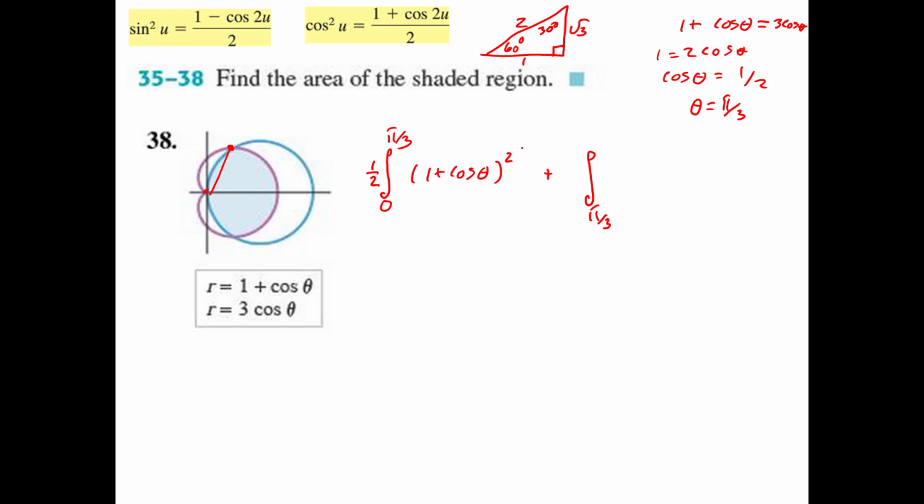And so to get back to the pole under the 3 cosine of theta, that is going to happen when the cosine of theta is 0, and so that happens at pi over 2. Don't forget the 1/2, r squared. And don't forget the d thetas.